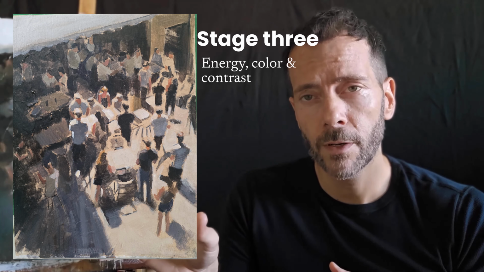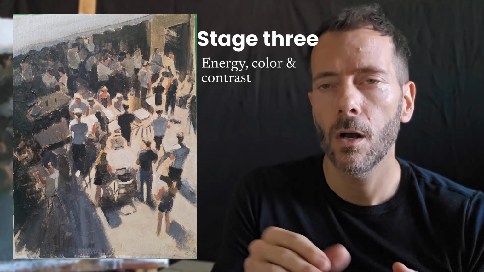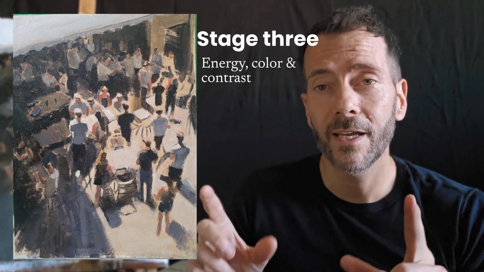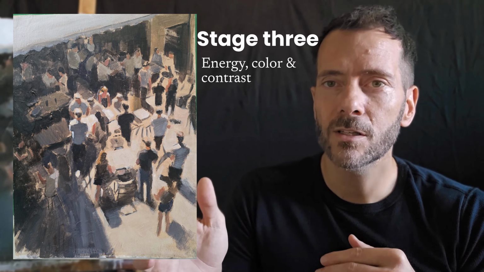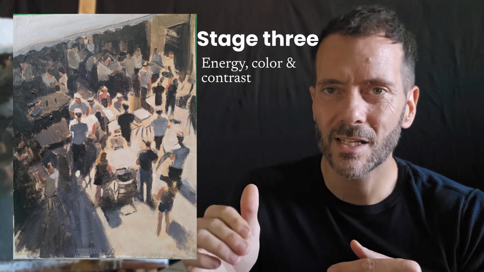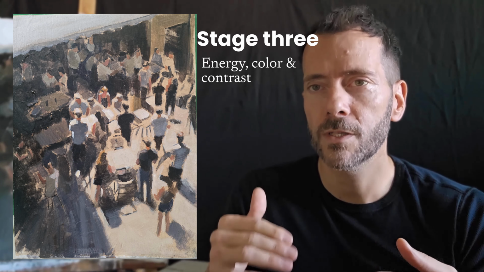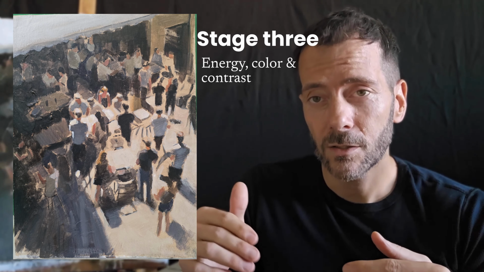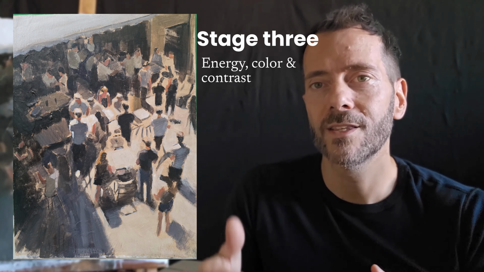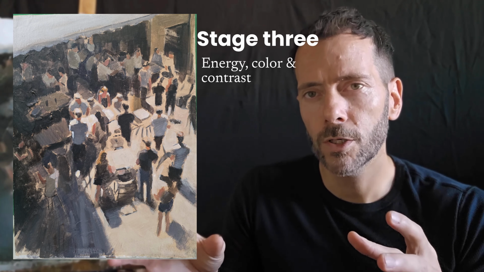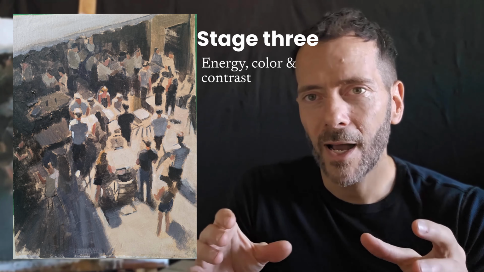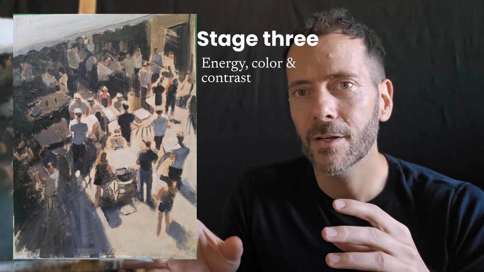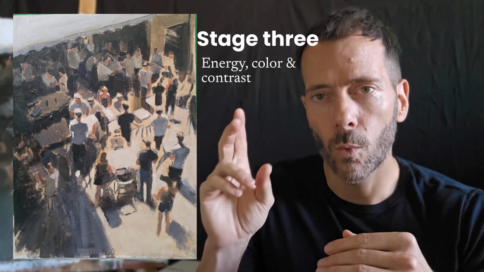Sunlight, cool in some areas, warm in others, always pulling the eye forward. Each brushstroke is about suggestion, not detail. In a crowd, too much precision kills the rhythm. The tip here is suggestion creates more movement than detail. A few strong brushstrokes can imply 10 people better than carefully rendering one.